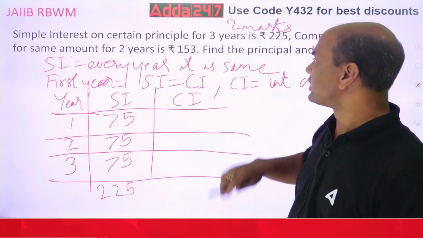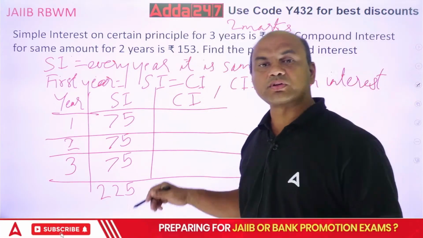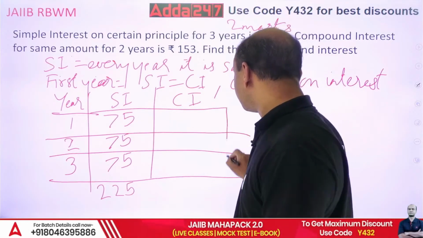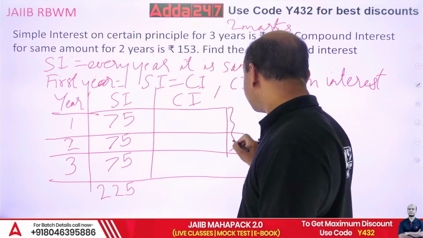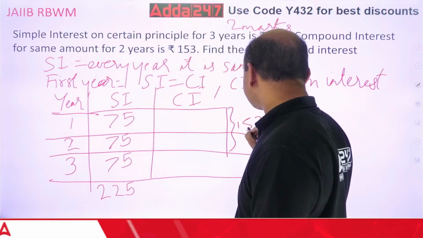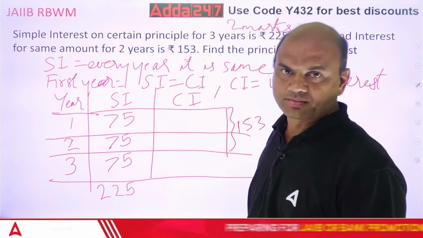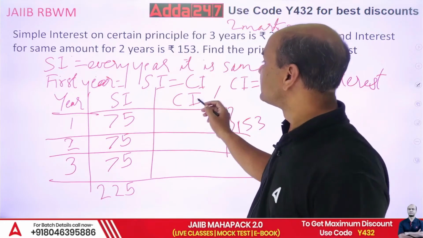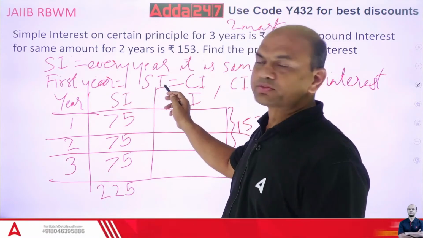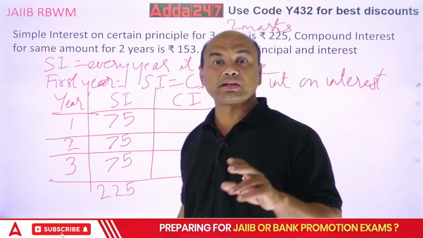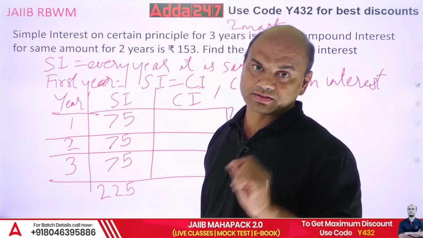Now compound interest, what is given? Compound interest for the 2 years is 153. So the total of this is 153. But what did I say? For the first year, simple interest will be equal to compound interest. So simple interest and compound interest are always the same for the first year.